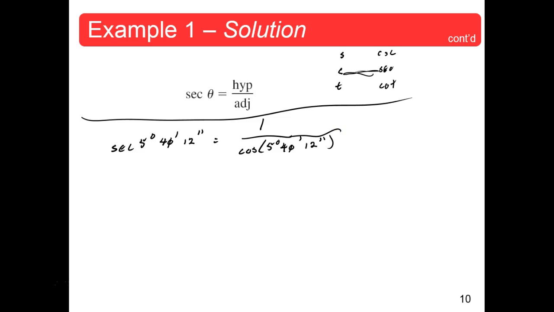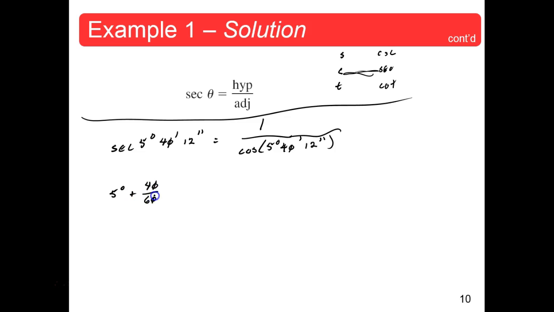Okay. Now, do any of you have degrees, minutes, and seconds on your calculator? I kind of doubt it. You're in degree mode, not degree, minute, and second mode. Okay? So what we've got to do is get that into degrees. And what you do with that is get it into decimal degrees. And this is where they start their problem. You could have started it here or not, but 5 degrees is 5 degrees, okay? 40 minutes is 40 out of, how many minutes make a whole degree? 60.